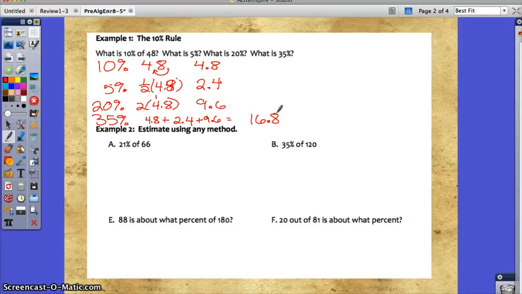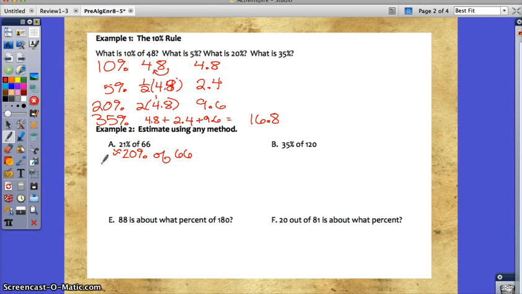So in example 2, and this is going to be most of our examples for today, let's just estimate using any method. I'll show you a couple different strategies. If I want to find 21% of 66, you may want to round that number. I would round the least amount possible, so you don't want to change the problem too much. This is going to be about 20% of 66, and you could round the 66, but you don't really need to.